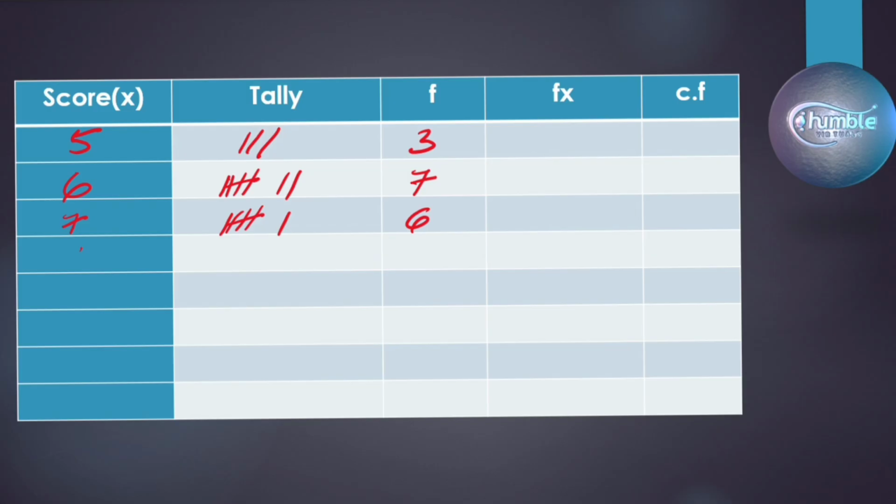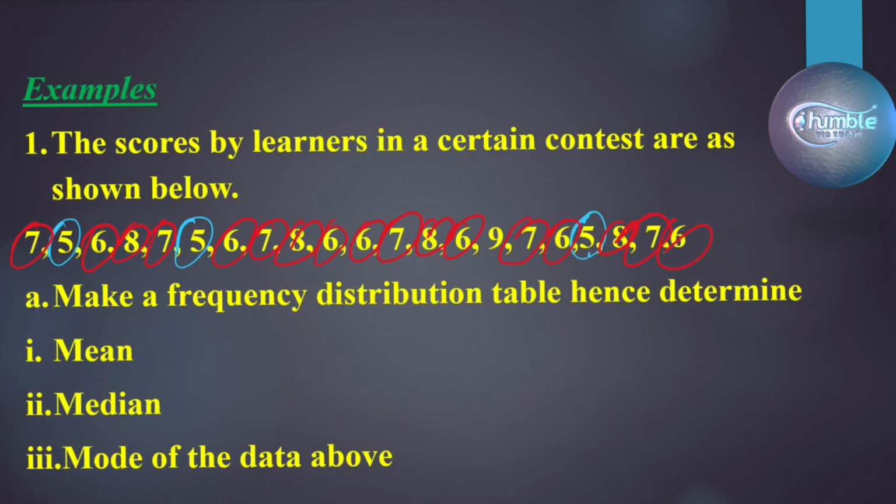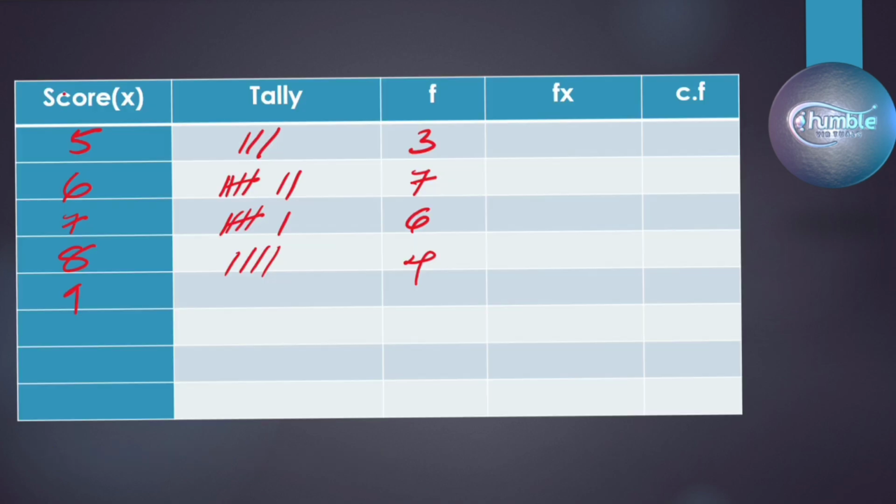So here the frequency is 4. And then finally 9. 9 is appearing once. The tally is 1 stroke, so the frequency here will be 1, and then we get the total summation of f.